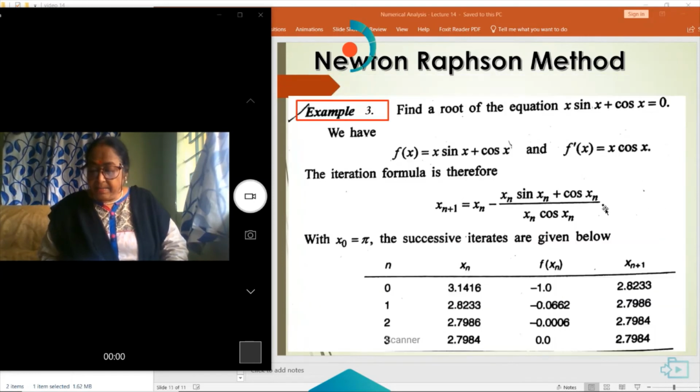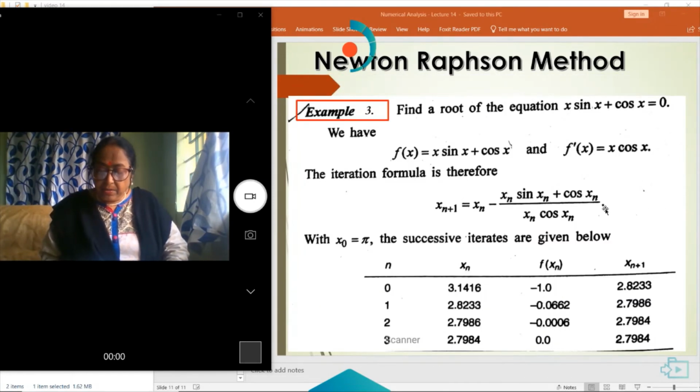Take another example. Find a root of the equation x sin x plus cos x is equal to 0. So fx is equal to x sin x plus cos x and f dash x is equal to x cos x. Then xn plus 1 is equal to xn minus fxn divided by f dash xn.